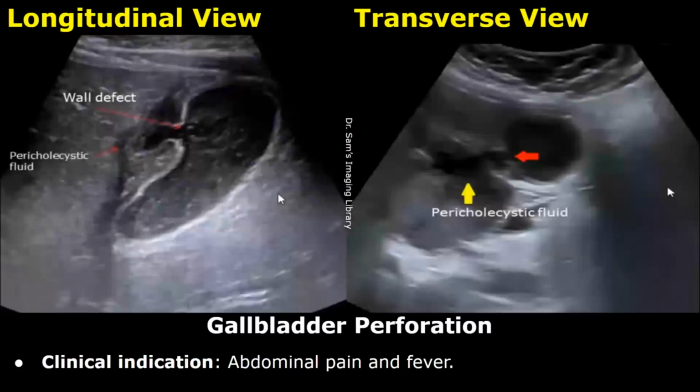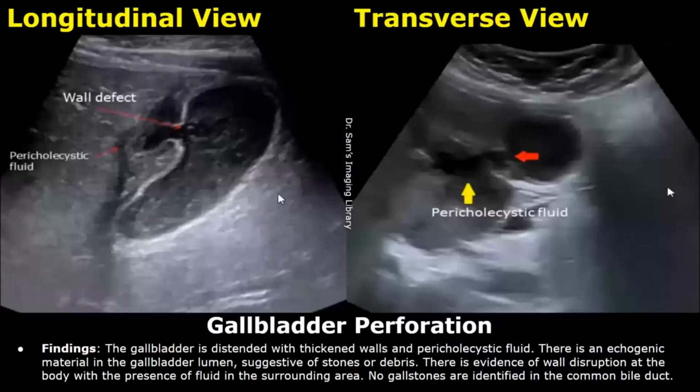For gallbladder perforation, the indications can be abdominal pain and fever. In the findings, you can write about the distended gallbladder and its thickened walls, and mention the pericholecystic fluid. If there is echogenic material in the lumen, you can also mention that.